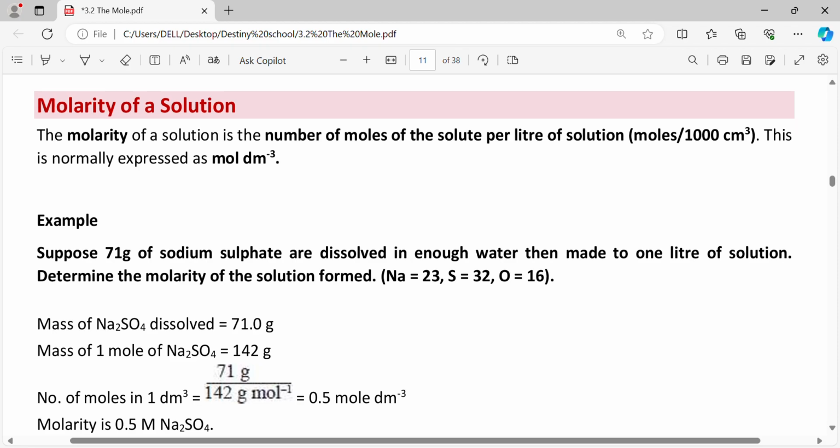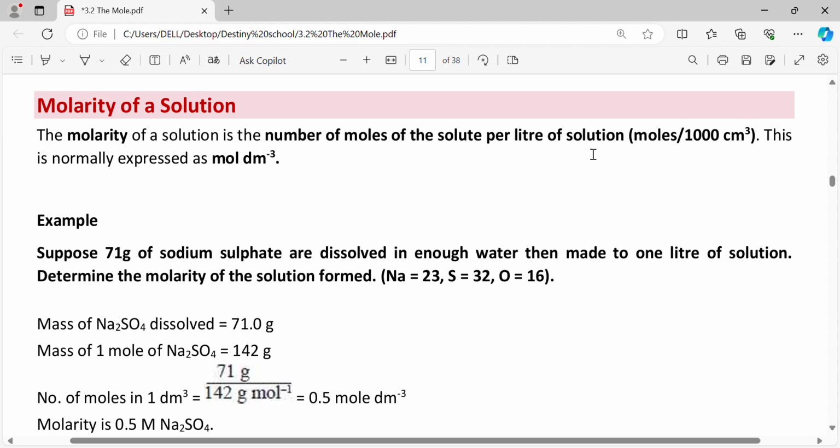Let's now focus on molarity on its own. What is the molarity of a solution? The molarity of a solution is the number of moles of the solute per liter of solution. Molarity is the number of moles in 1 liter of a solution.